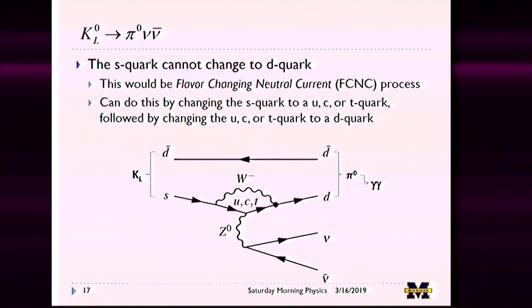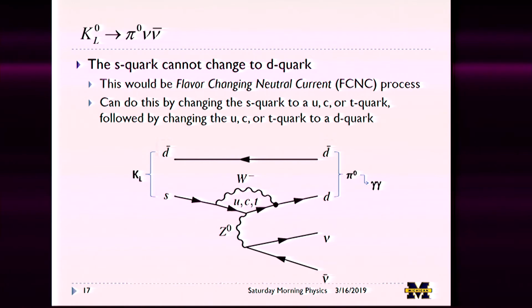So consequently, the K long going to a pi 0, this is the kaon, this is the pion, changing an S into a D can't happen directly.